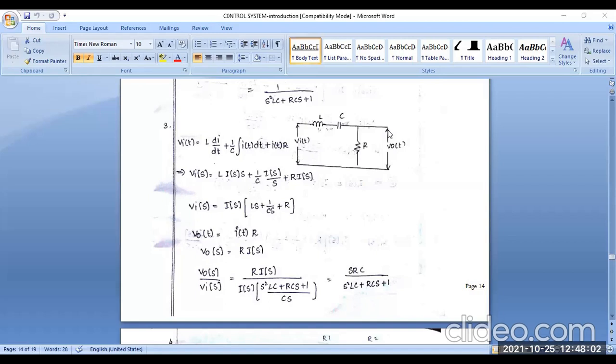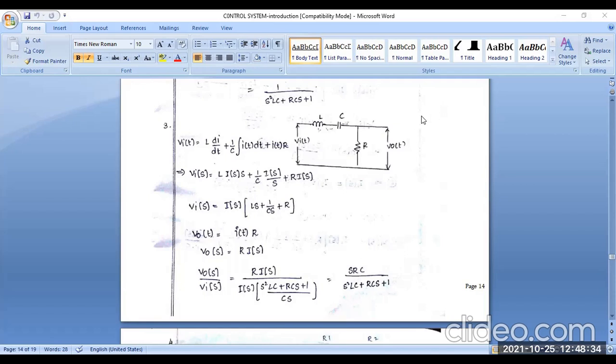After the Laplace transform it changes, that is Vi(s) is equal to L s I(s) plus 1 by C I(s) by s and also R I(s). Clear? So in this circuit, I(s) is the common term, so that is Ls plus 1 by Cs plus R. So this is the input equation after the Laplace transformation.